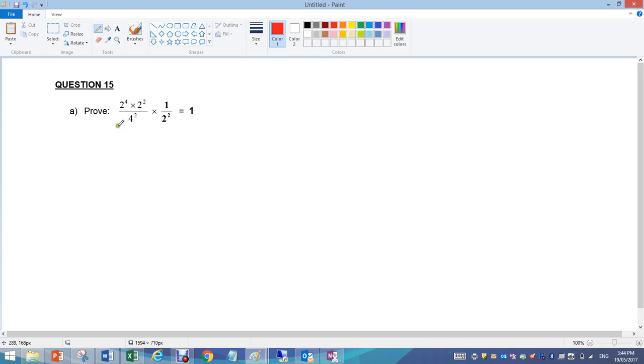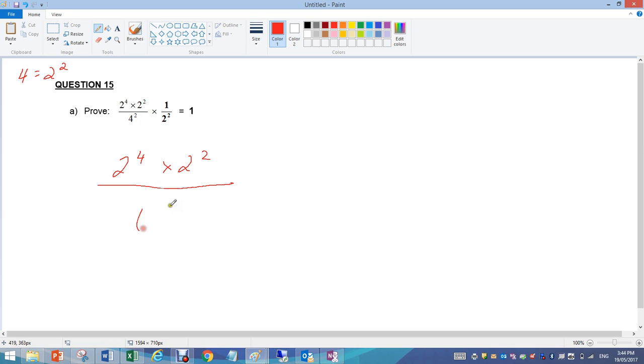So this one, you've got to prove this statement, so let's do it. One way you could do it is, see how all the bases are 2's? So we need to make sure everything's got the same base, so we could do 2 to the 4 times 2 to the 2 over, now watch this little trick, 4 is actually the same as 2 squared.